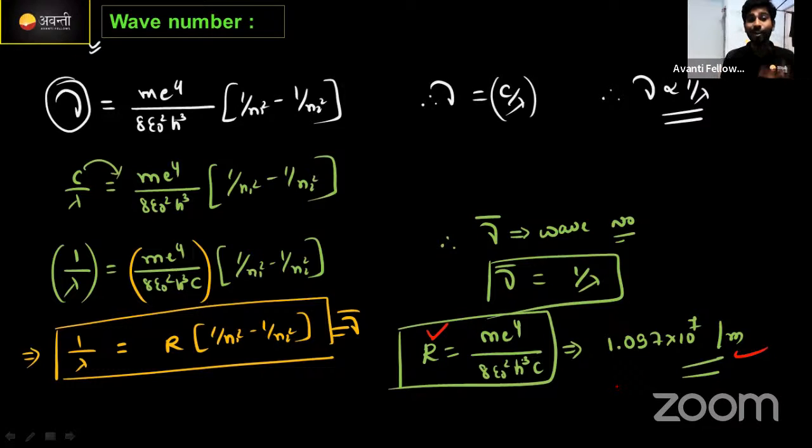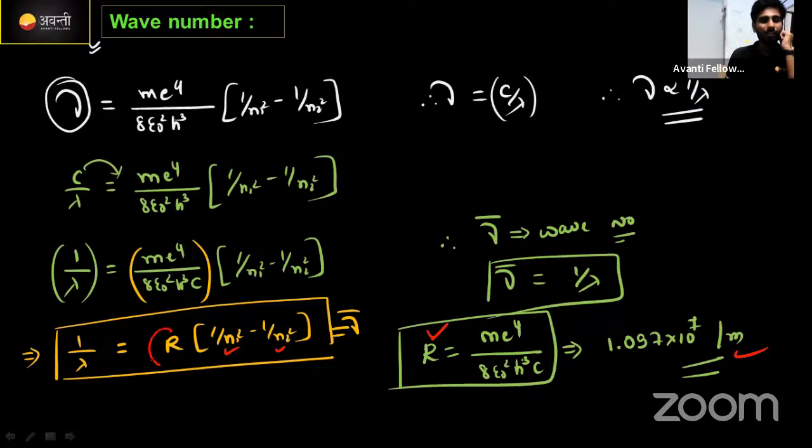Guys, listen. Not all the constants, but few of the constants have an SI unit and also a dimensional formula. Look here, n1 and n2 are just numbers, we are not going to take anything from them.